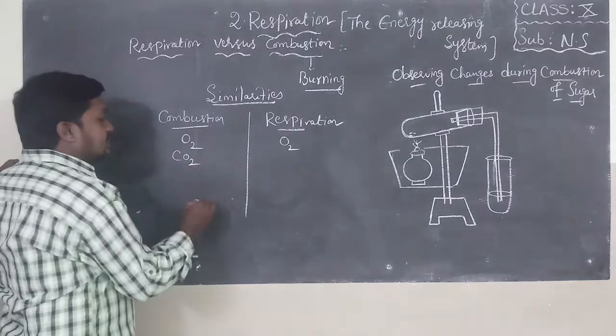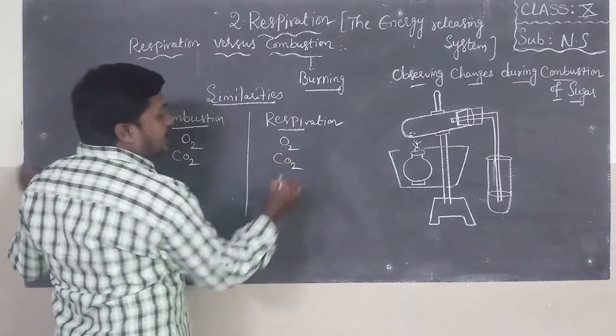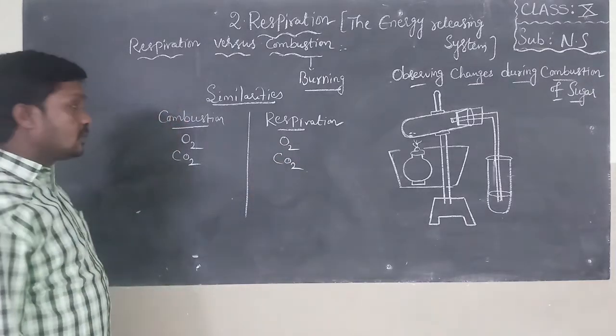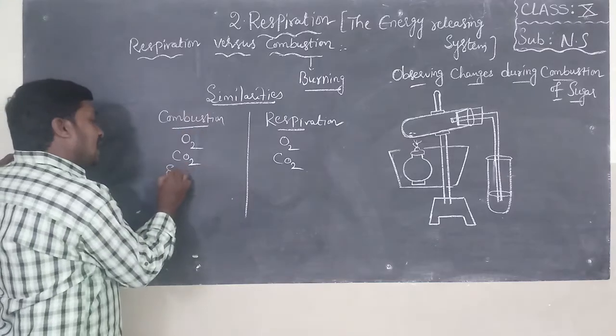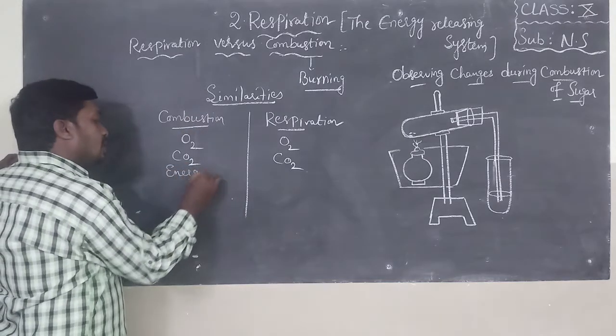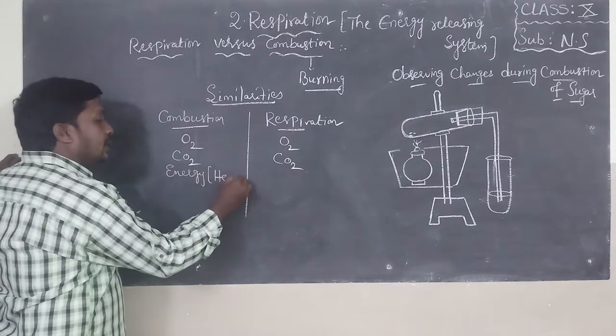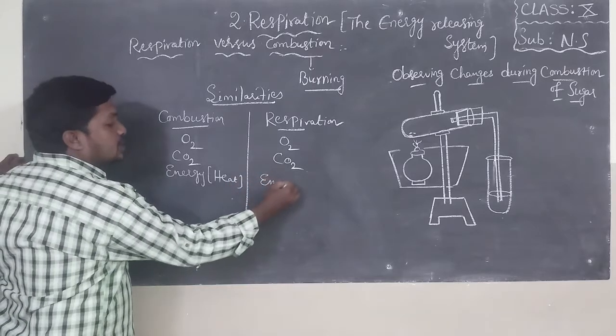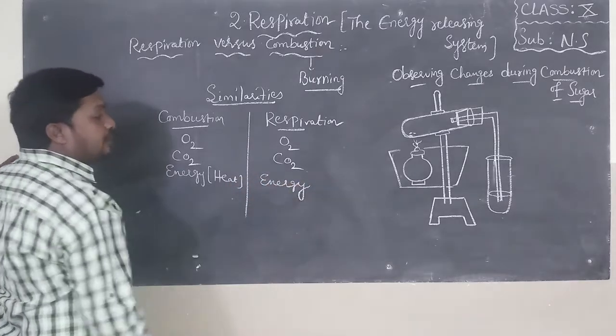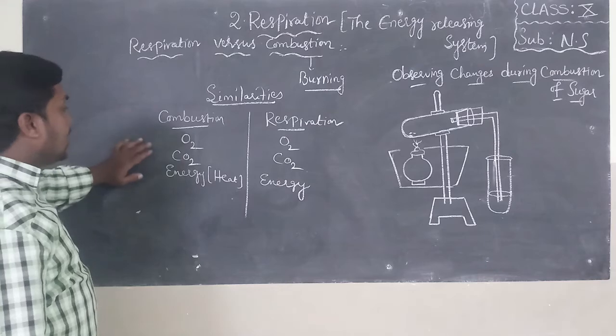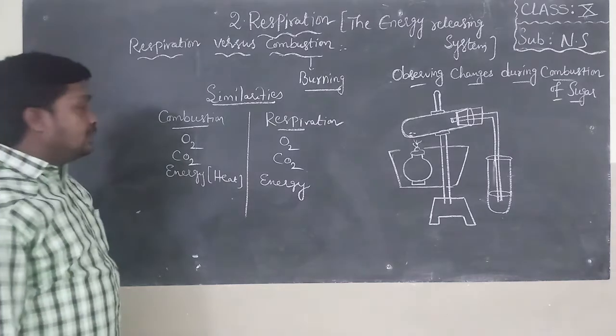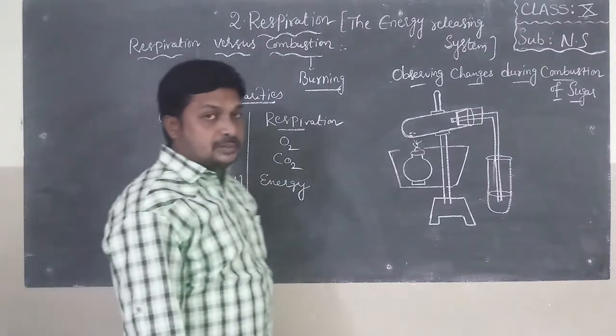CO2 is released in combustion and in respiration also. Combustion releases energy in the form of heat. During respiration also, energy is released. So these are the similarities between combustion and respiration.